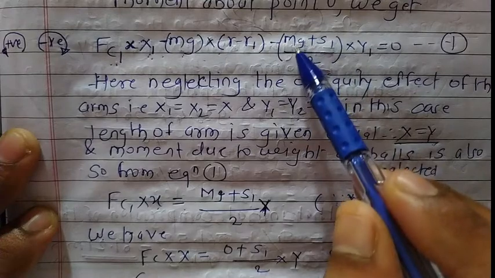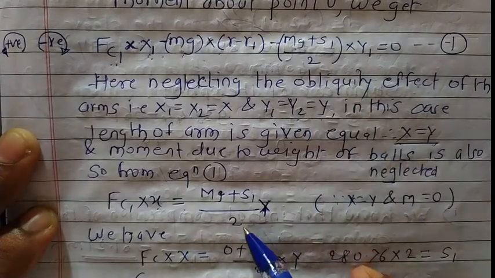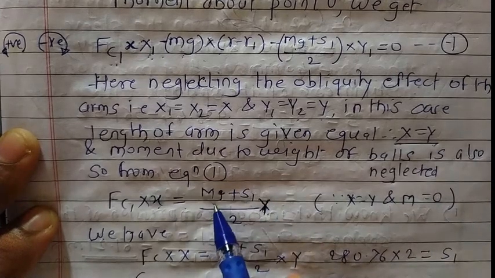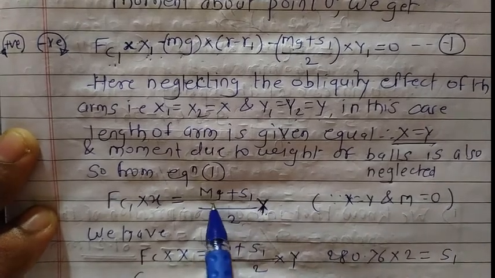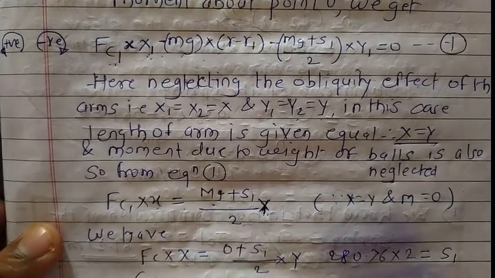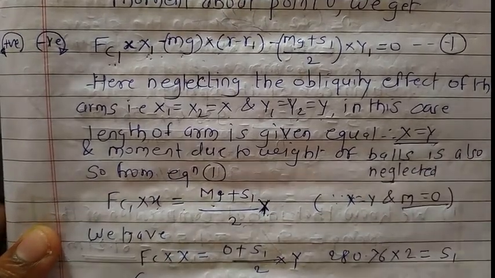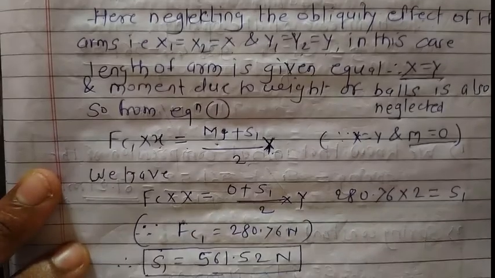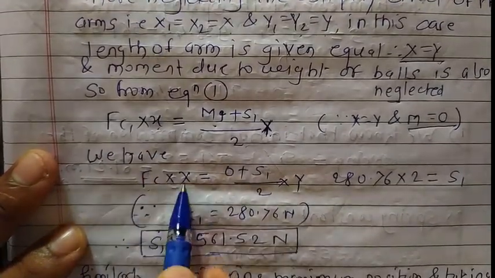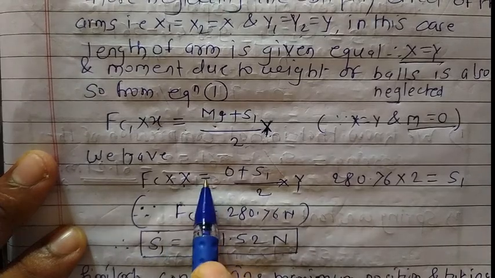So next, mg plus s1 by 2 multiplied by y will remain. In this case the central load, the mass of the sleeve, is not given, so consider here m equals 0. Now in the next step, we have fc multiplied by x will remain as it is, equals mg.